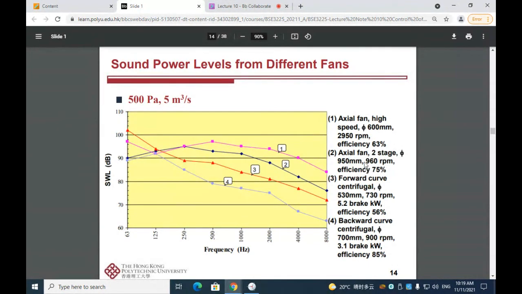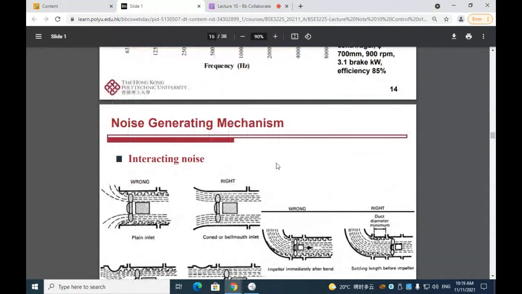If you would like to know which fan causes the most sound power level when designing your system, and you would like to maintain a relatively low sound level, you can refer to this figure here.